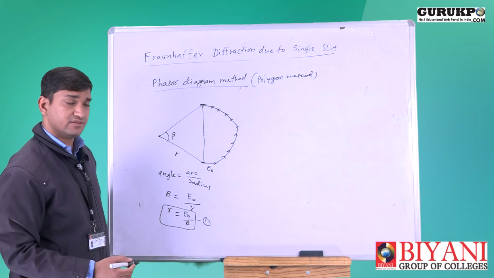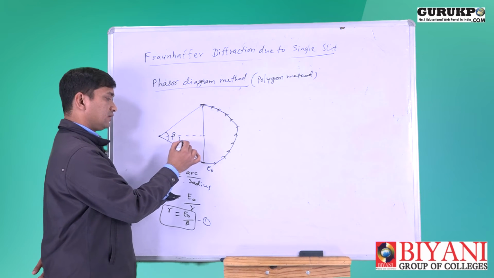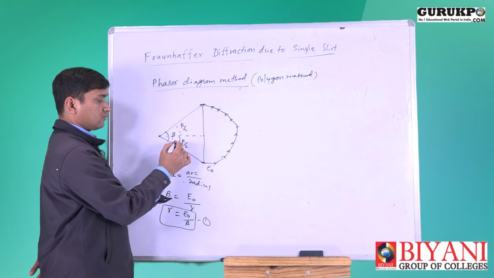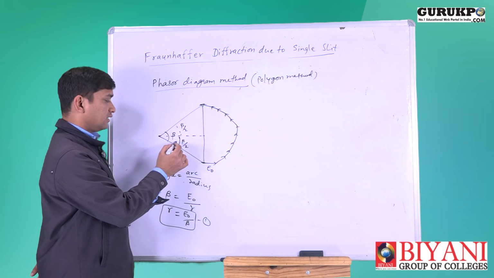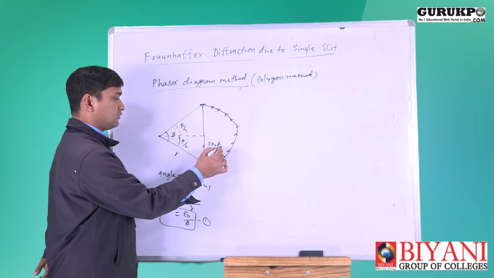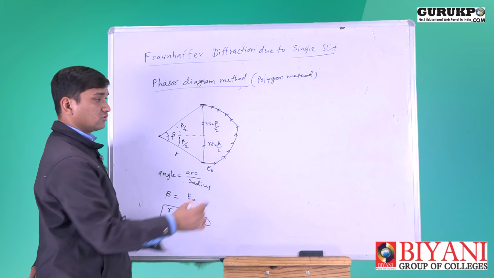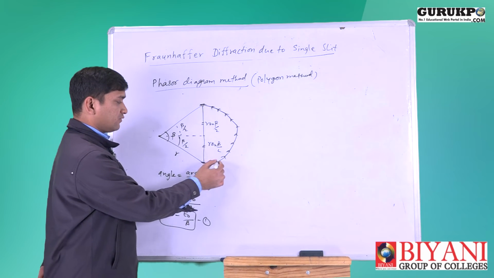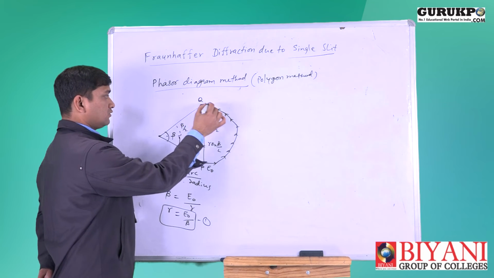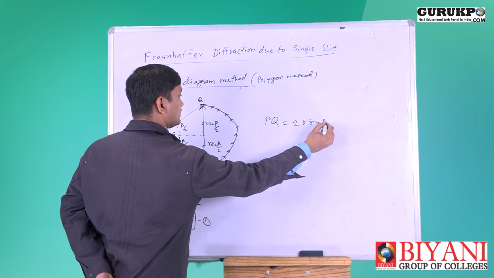Here we find the radius of this. Now we draw a perpendicular from here. So this angle will be beta by 2 and this angle again is beta by 2. By trigonometry this will be r sin beta by 2 and this will be r sin beta by 2. So the resultant vector PQ equals 2r sin beta by 2.